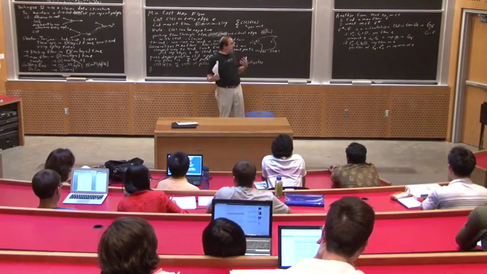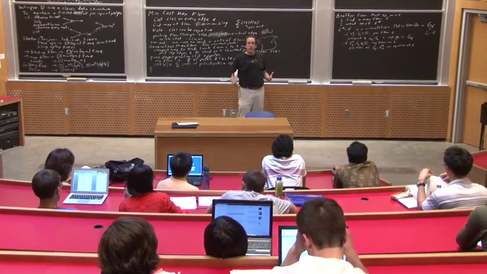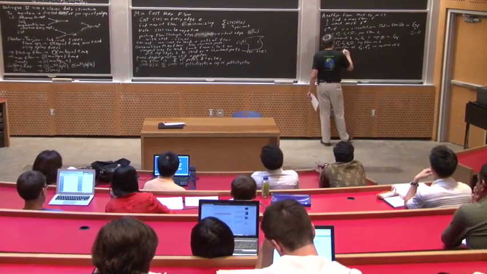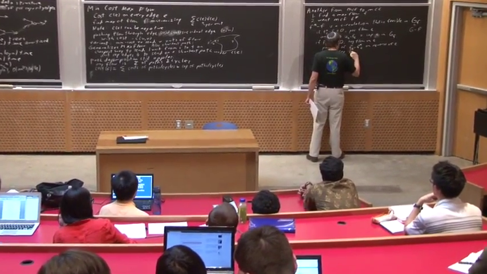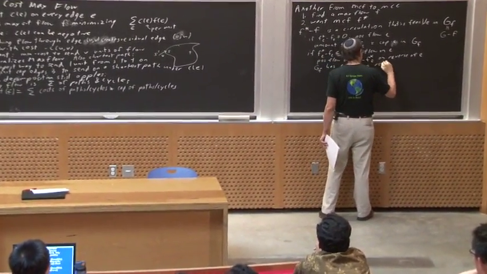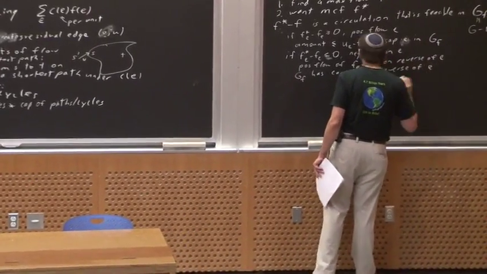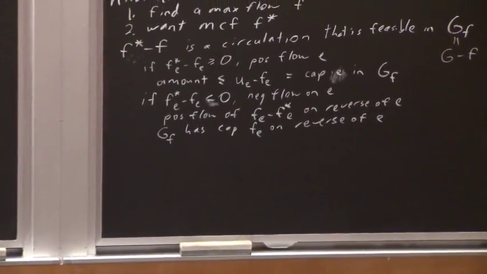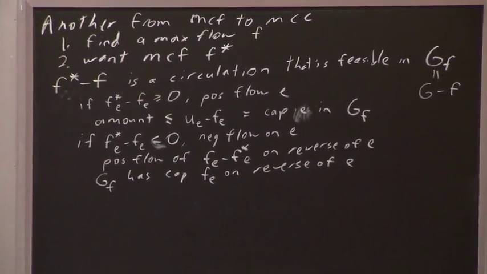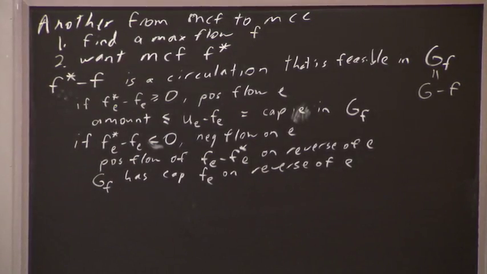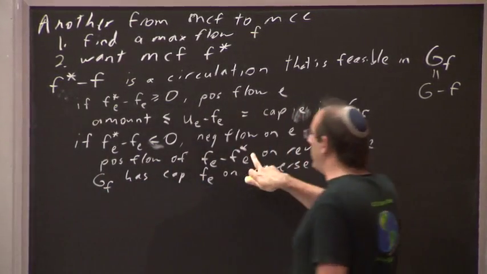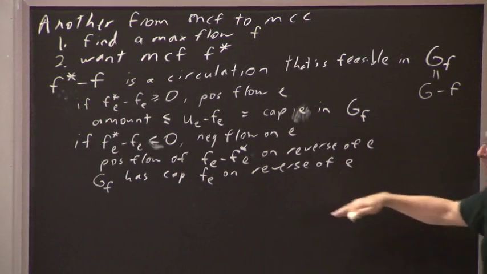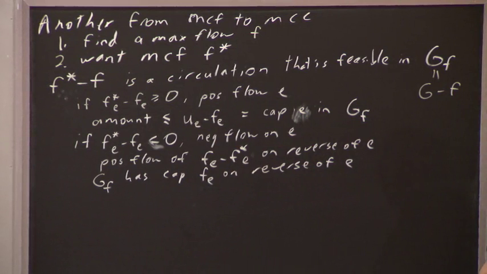So what can we say about the residual graph? G f has capacity f e on the reverse edge. This is the definition of the residual graph: however much flow is going in the forward direction, you create capacity in the backward direction to represent removing that flow. So we have capacity of f e, and we're only using f e minus f star e on that edge. So we have a feasible circulation in the residual graph.